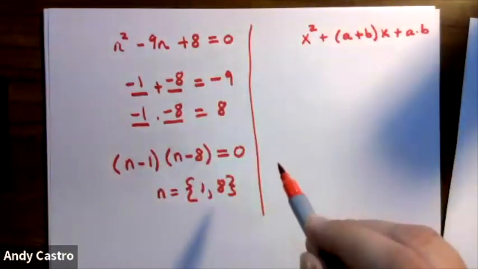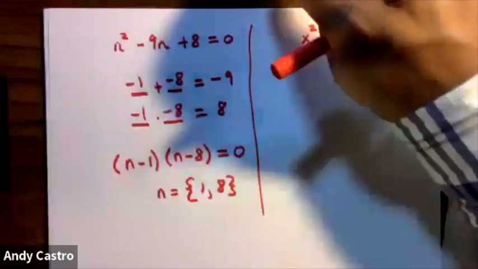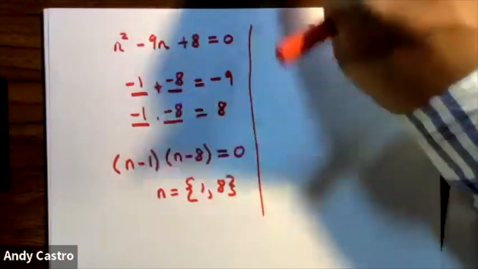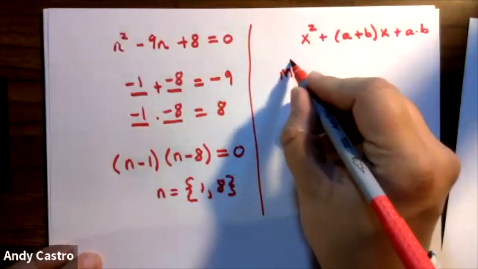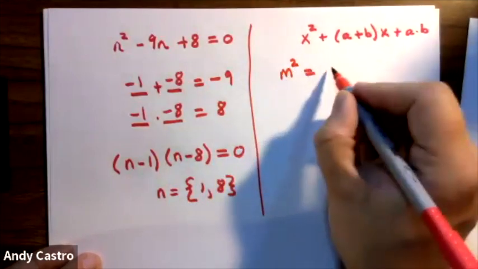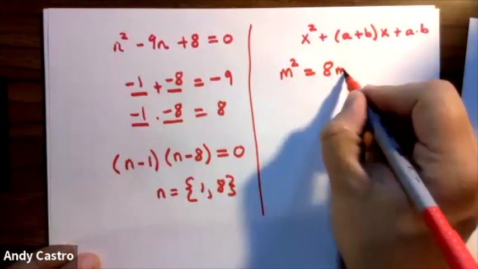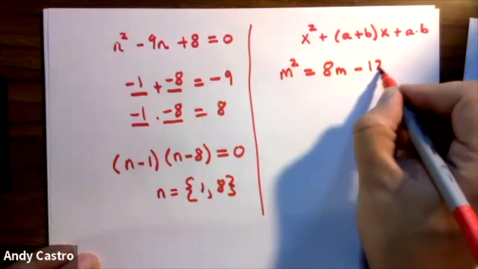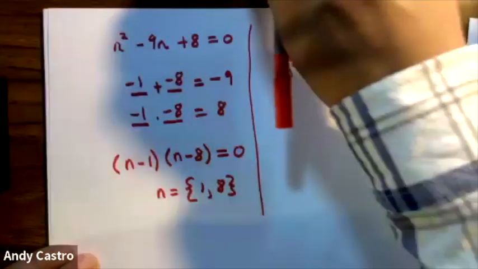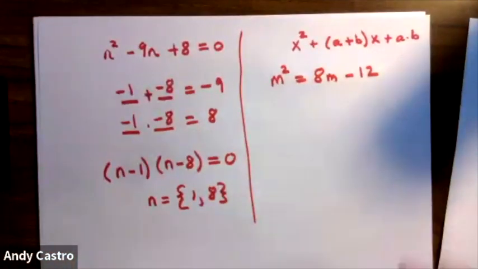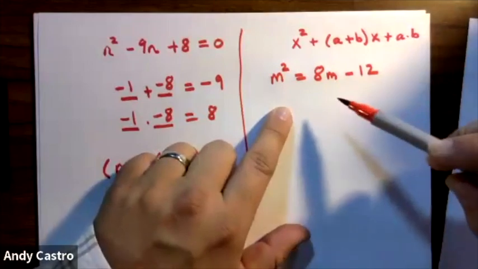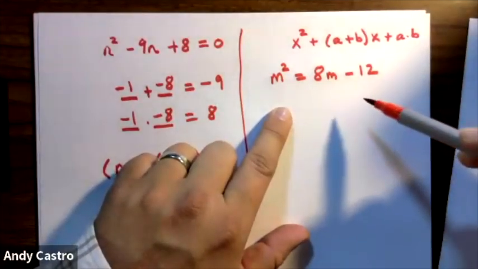All right, so let's do another one like this, except I'm going to add a step of algebra. So I'm going to do m squared is equal to 8m minus 12. Okay. All right. So in order to get this into the proper form, notice that it's not in the proper form.